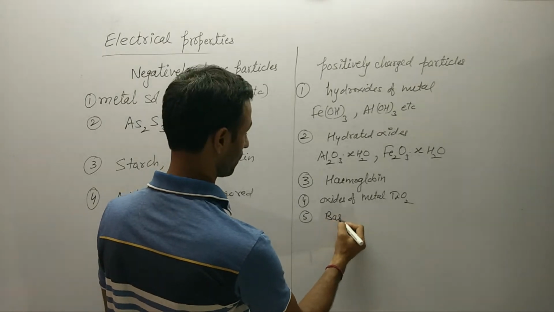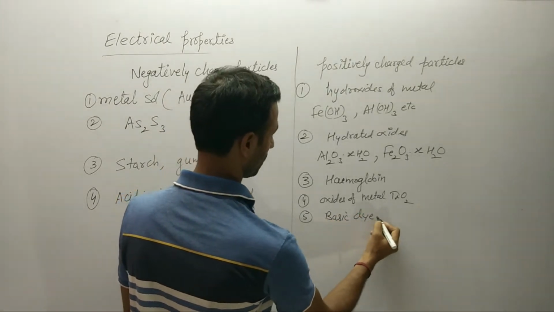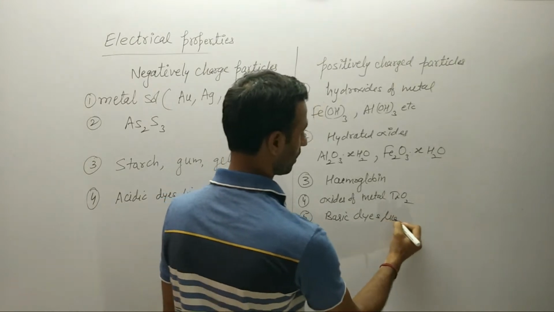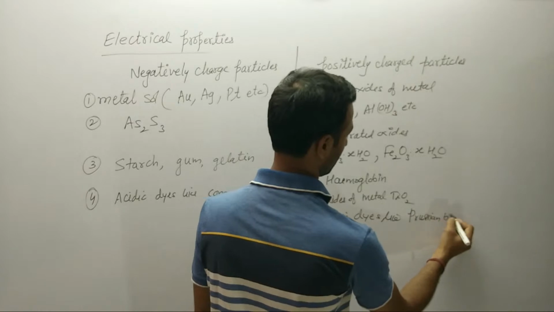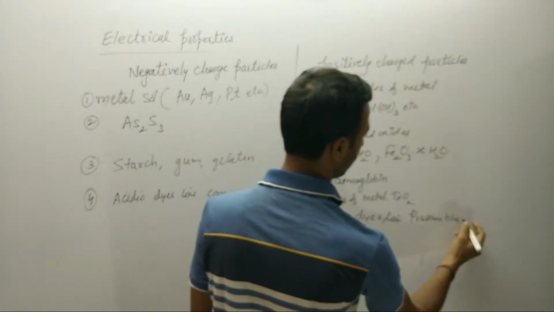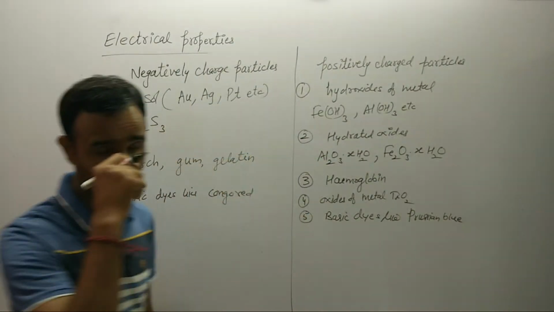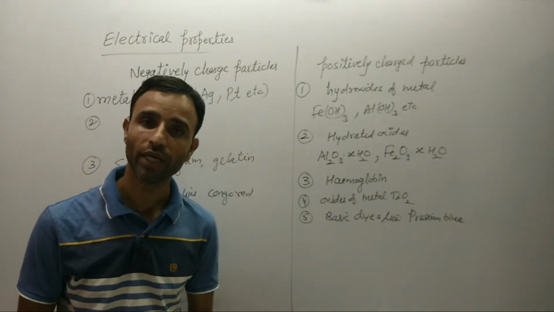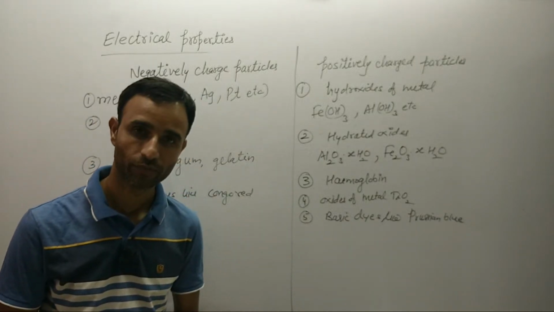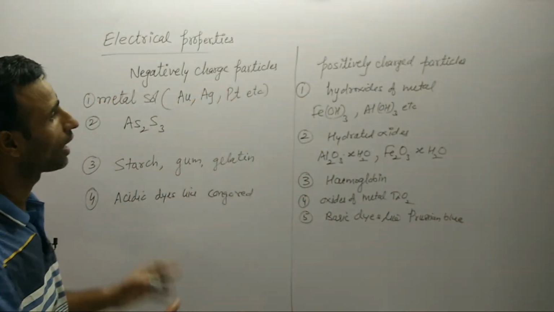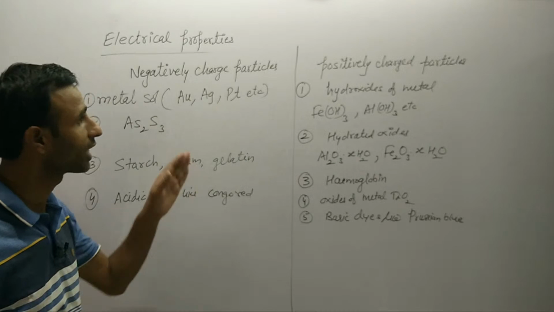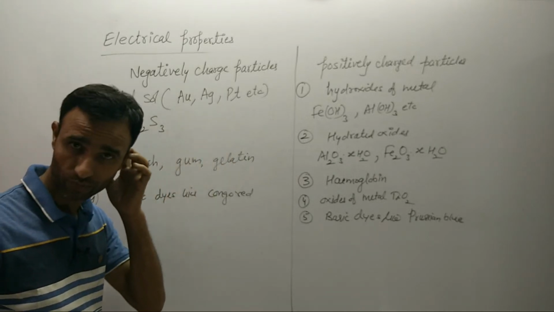Basic dyes like Prussian blue, they are positively charged. So these are the positively charged and negatively charged sols. Got it?